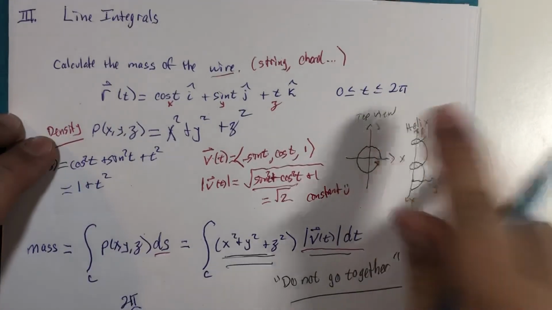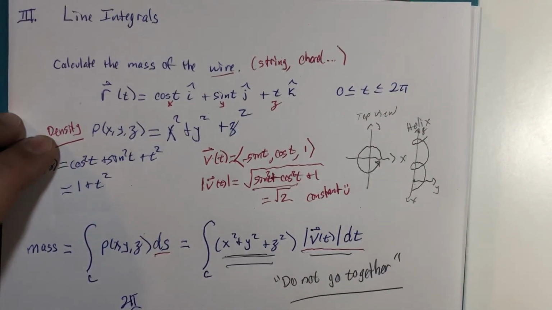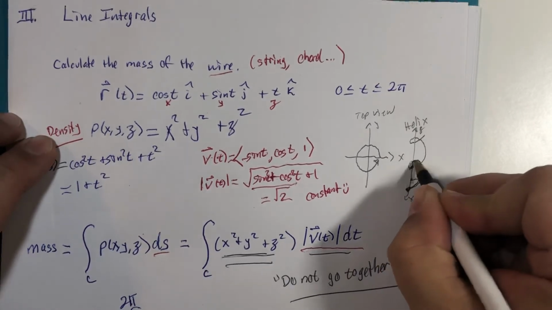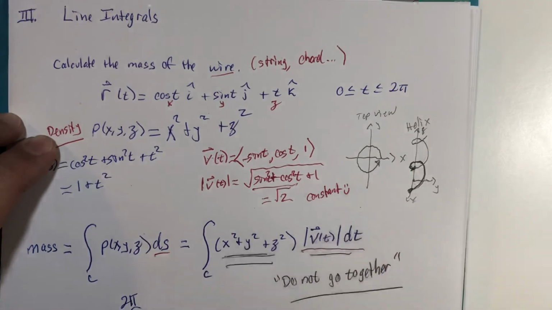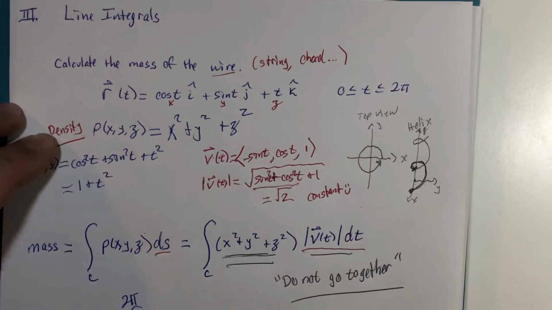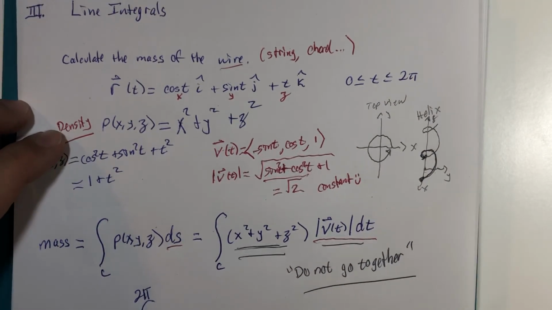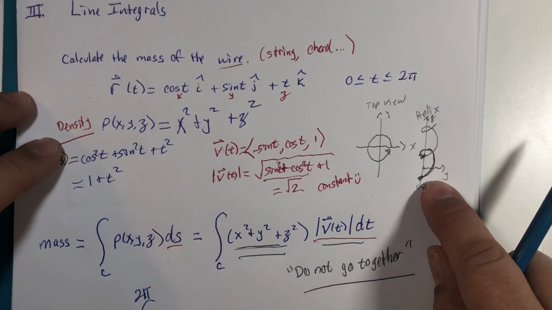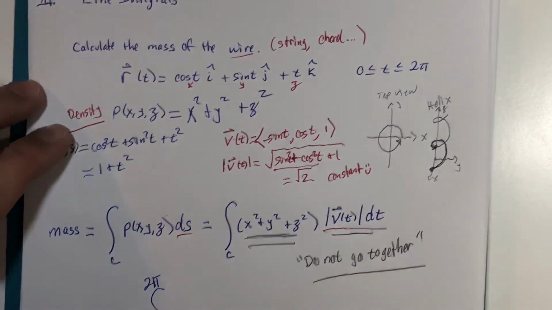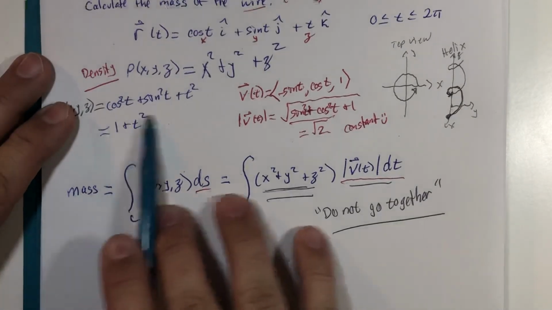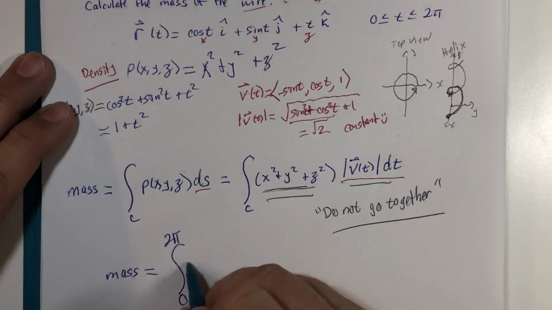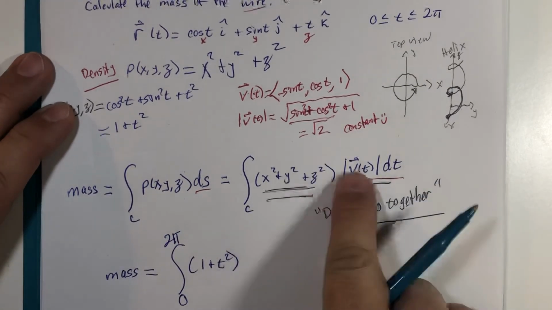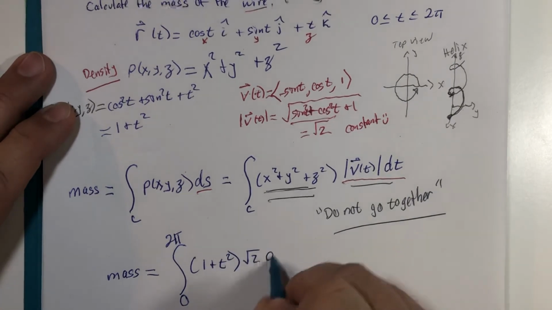In my original sketchy picture, from here to here would have been the first part of the helix. Don't even worry about trying to understand that now. Most textbooks have good examples of the helix in them. I would not call this a good visual of a helix. x squared plus y squared plus z squared is 1 plus t squared, and ds is the square root of 2 dt.